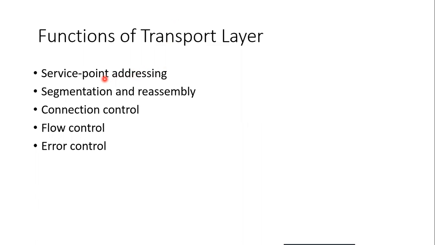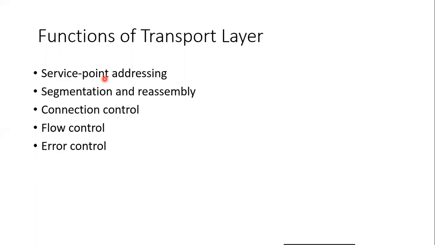For this reason, source to destination delivery means delivery not only from one computer to another computer, but also from a specific running process on one computer to a running process on another computer. So the transport layer header must include a type of address called the service point address or port address.